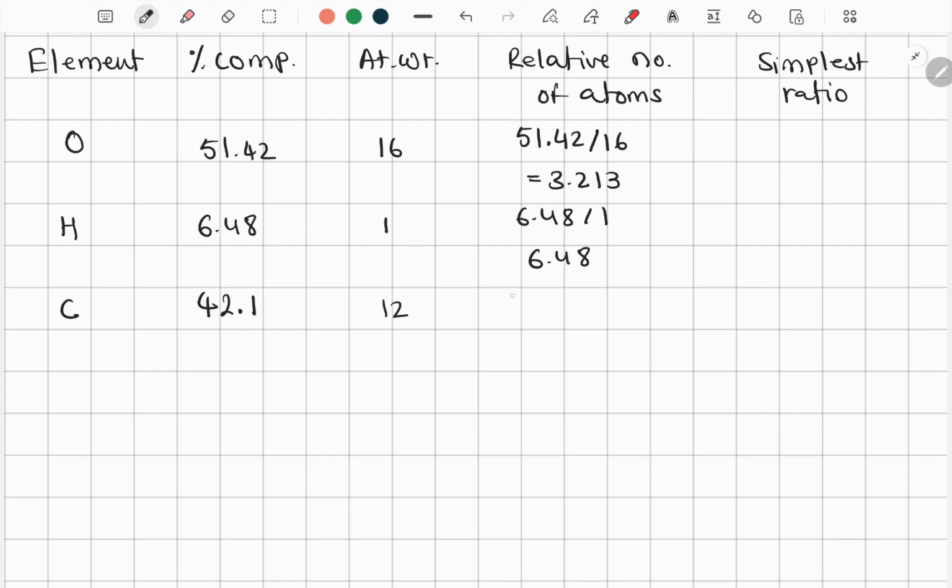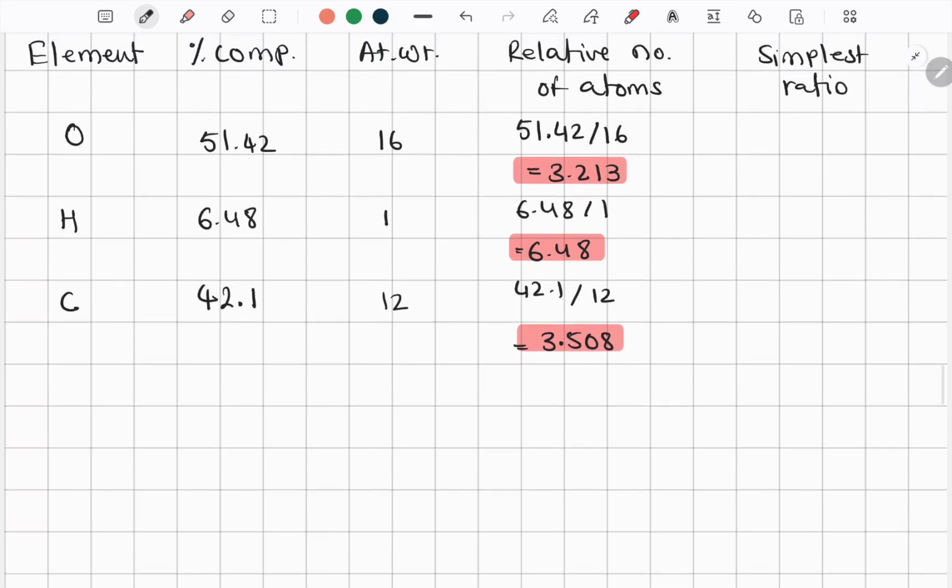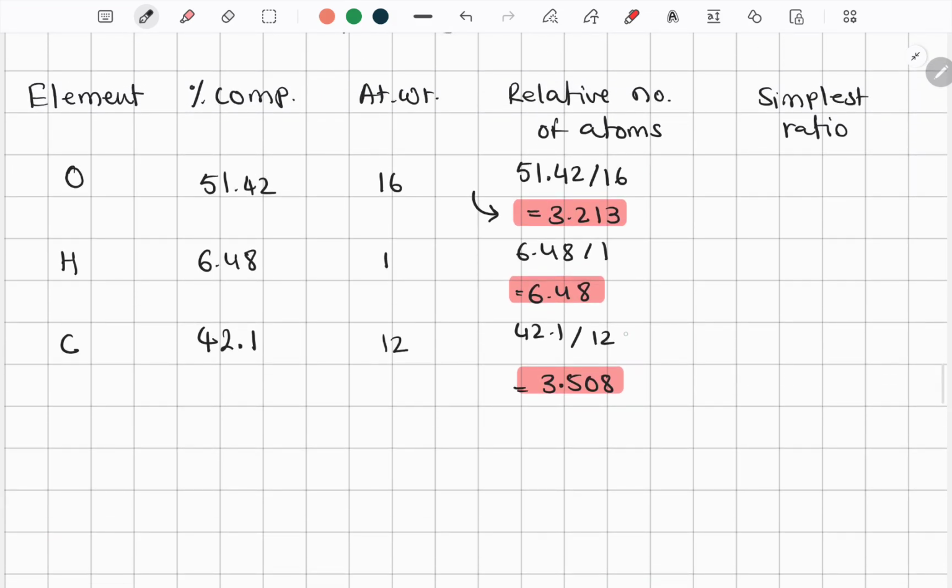And when I divide 42.1 by 12, I get 3.508. Once you get the relative number of atoms, you select the smallest number, which is 3.213, and divide all the relative numbers of atoms by 3.213.